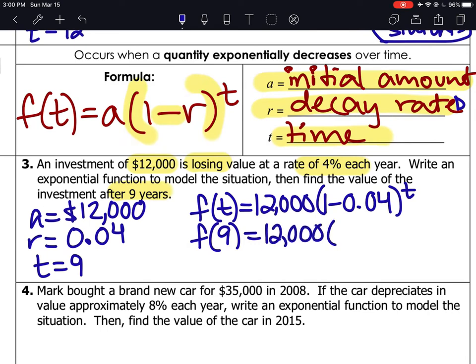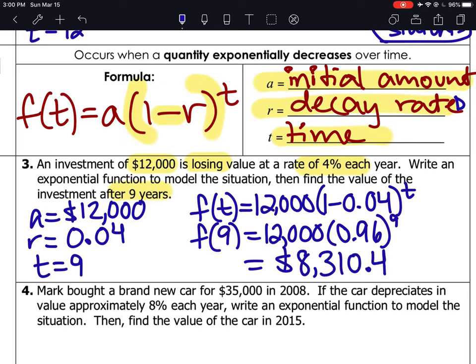And we're going to find out how much money he has left after initially investing 12,000. 1 minus 0.04 is the same thing as 0.96. So all I did was combine like terms inside the parentheses. Now if you put this carefully in the calculator, you will get approximately $8,310 with 41 cents. That poor guy went from $12,000 to $8,310.41.